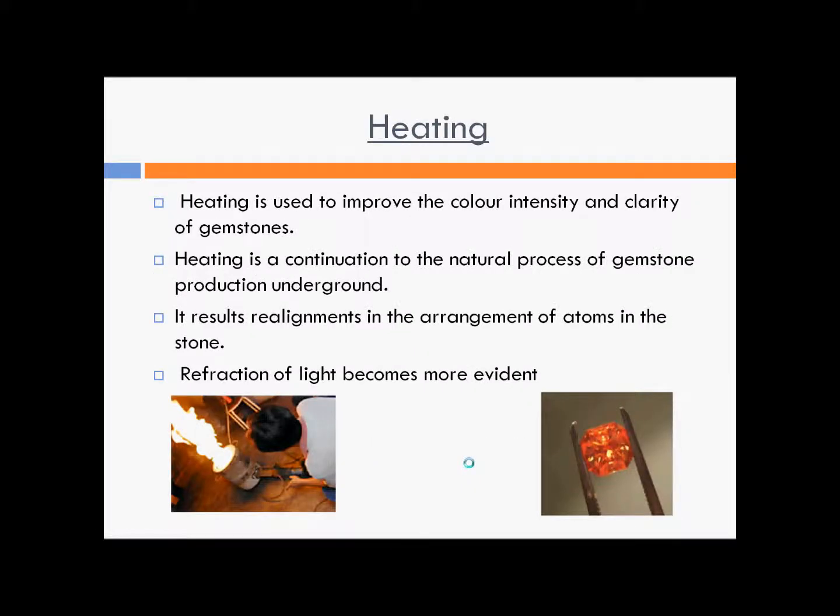Another process that we included in our research is heating. Heating is the most common and famous enhancement for gemstones. This is so common with corundum, ruby, and sapphire. Heating can cause the color of a stone to darken, lighten, or even completely change, and can also improve gem clarity and brightness.